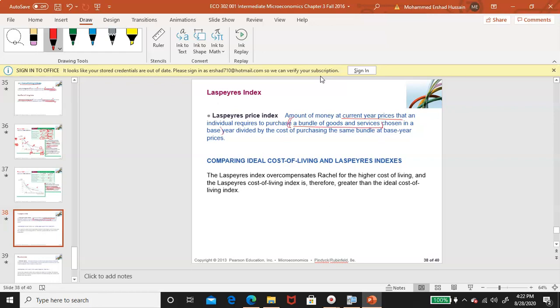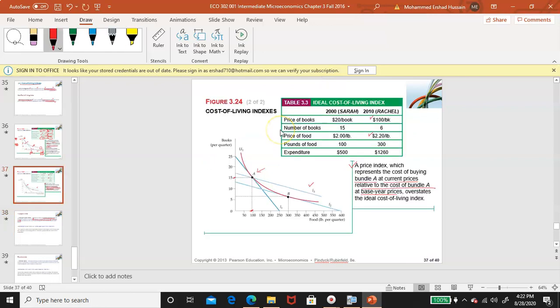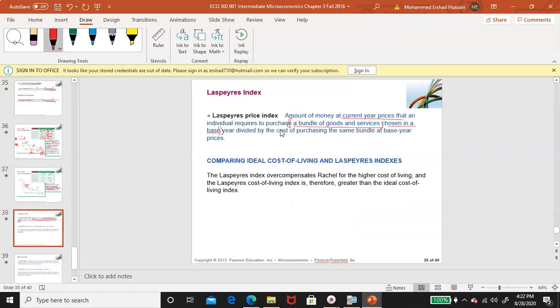So see, this is the base year, the same goods and services that we were consuming in the base year at A. So what will be the cost of buying that bundle today at today's prices, in 2010 prices, compared to the cost of buying A in 2000, right, 10 years ago? That is what Laspeyres's index calculates: the cost of the bundle chosen in a base year divided by the cost of purchasing the same bundle at base year prices.